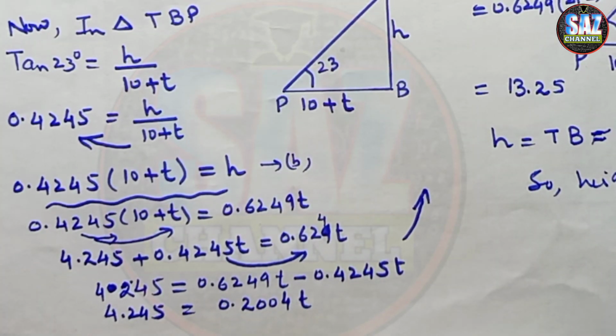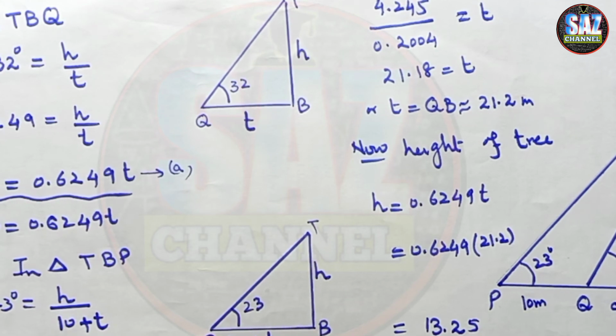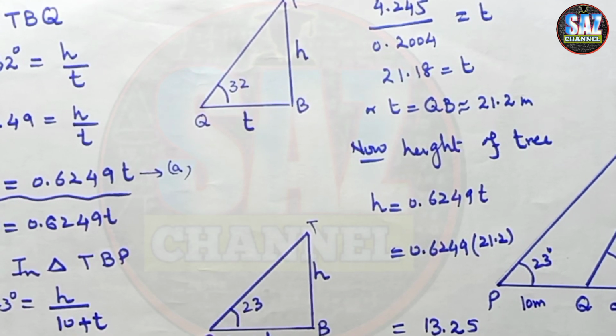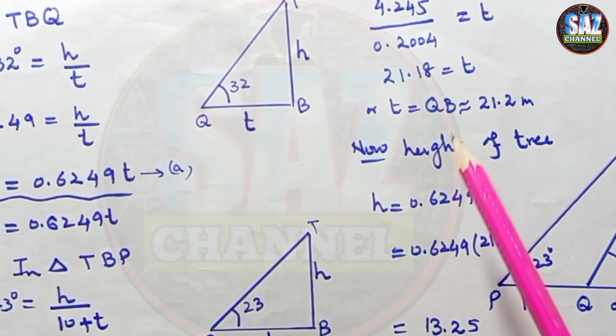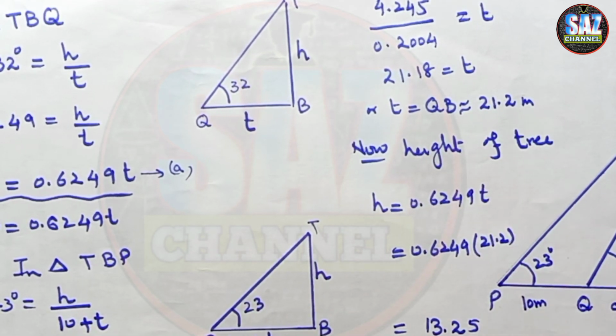But before wind up, I always ask my students that before submitting your work, you have to check the calculation. Like if I'm checking, 0.6249 minus 0.4245 gives me 0.2004, and then 4.245 divided by 0.2004 gives me 21.18, about 21.2.